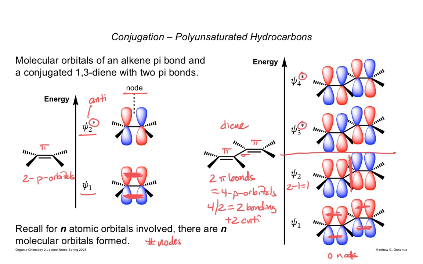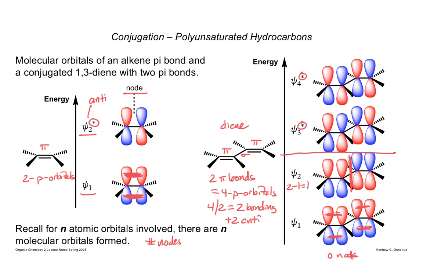Those are the anti-bonding orbitals. Essentially what that means is the bonding orbitals always have electrons in them. The anti-bonding orbitals do not because they're higher in energy. We will see situations where they come into play, specifically related to when we see the color of a substance.